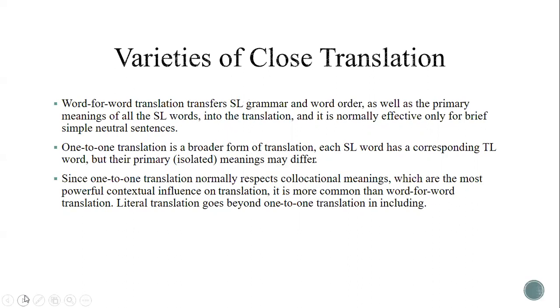Each source language word has a corresponding target language word, but their primary isolated meanings may differ. Since one-to-one translation normally respects collocational meanings, which are the most powerful contextual influence on translation, it is more common than word-for-word translation.